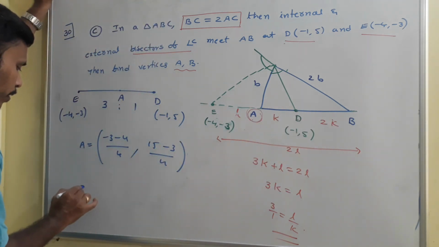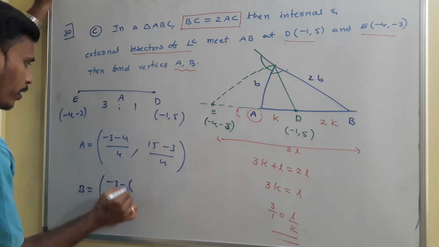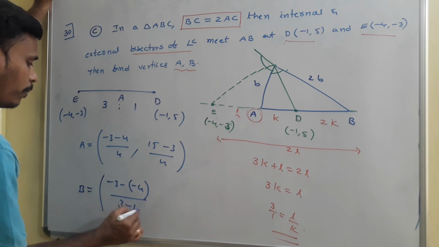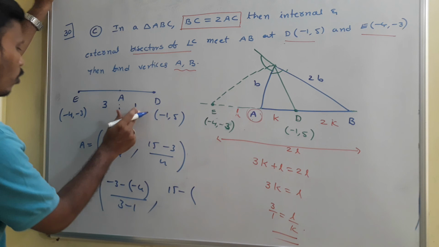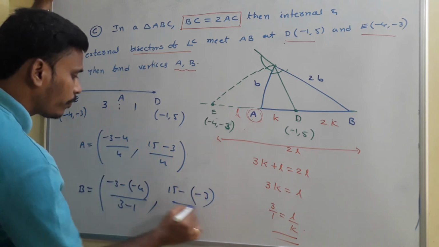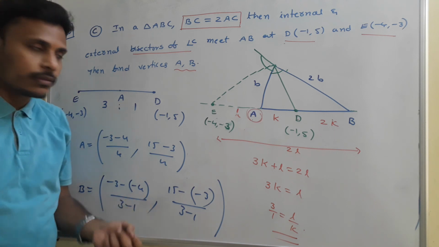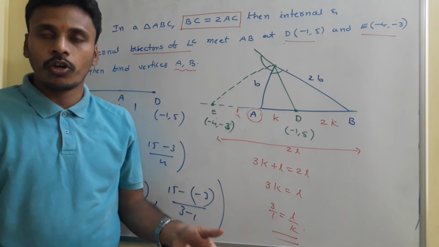So this time B is simply 3 into minus 1 minus 3 minus of 1 into minus 4, divided by 3 minus 1. Again 3 into 5 is 15 minus of 1 into minus 3, divided by 3 minus 1. This is B. Okay, see, the problem needs somewhat your attention as well as your observation. Okay, have a look.